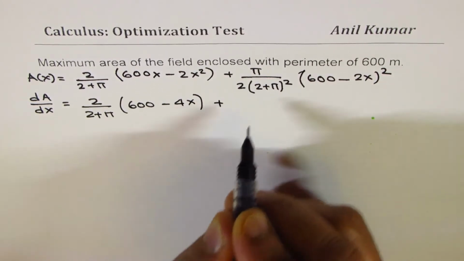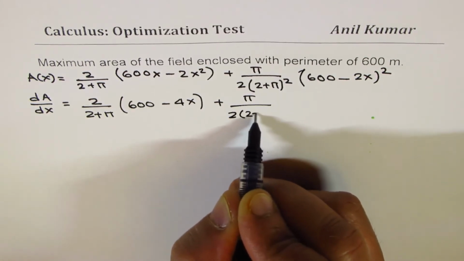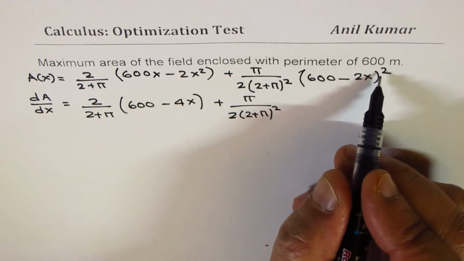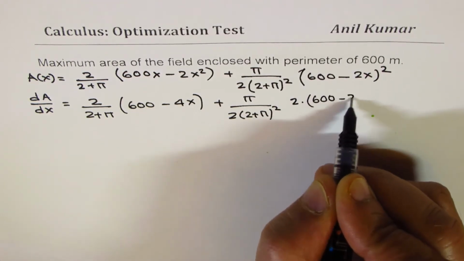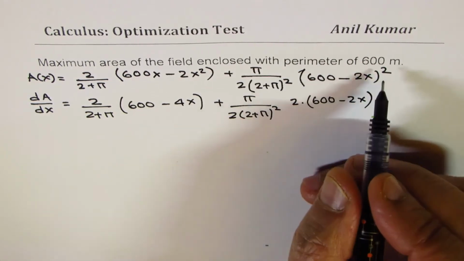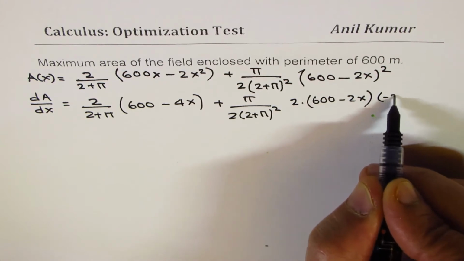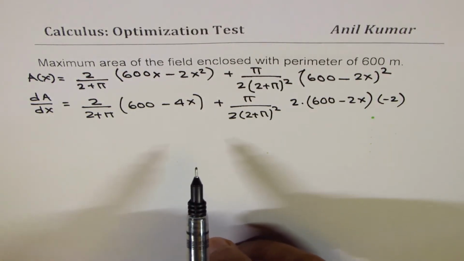Here we get plus pi over 2 times 2 plus pi whole square. And the derivative of this function is twice 600 minus 2x times the derivative of the inside function, which is minus 2. Right? So that becomes the derivative.